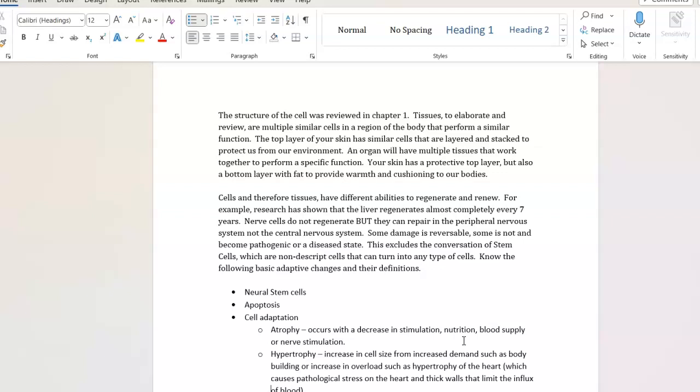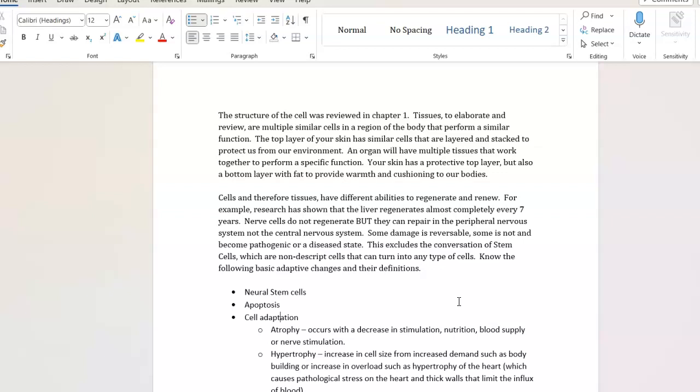And this is one of the premises behind PRP injections, is they can get stem cells and use those to modify them or push them to turn into the cells that they want. It's pretty cool. Okay. So neural stem cells are one example of those stem cells that can divide and turn into nervous system cells. Apoptosis is programmed cell death. It probably rings a bell from A&P.